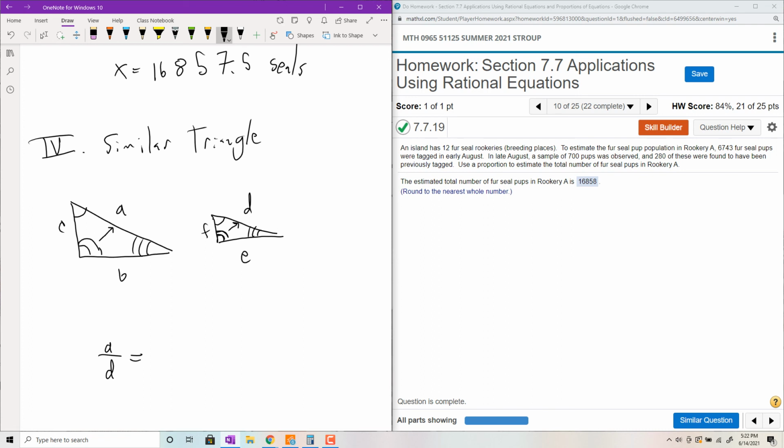You could say side C corresponds to side F, and likewise A corresponds to D, and on the other side you put the other pair across from this first angle. B corresponds to E.